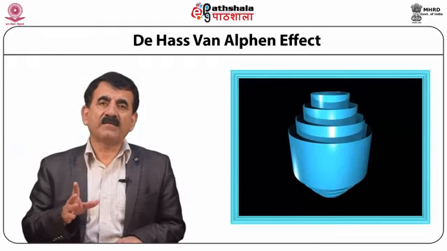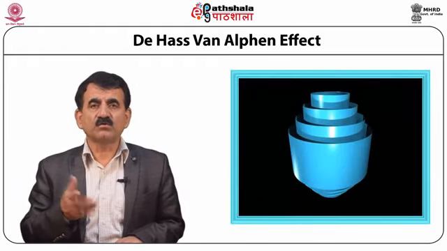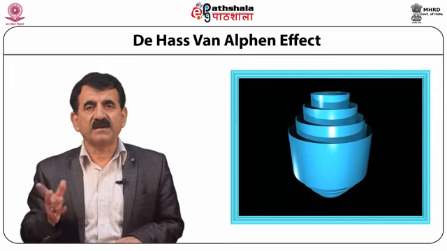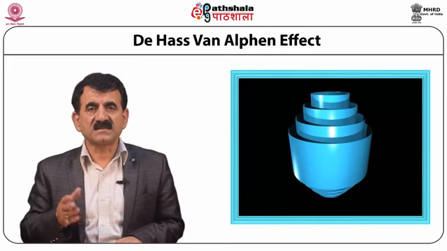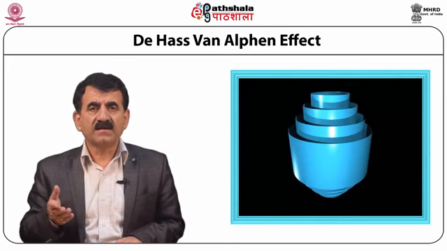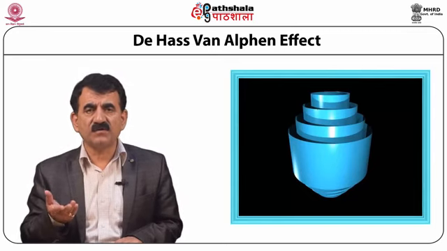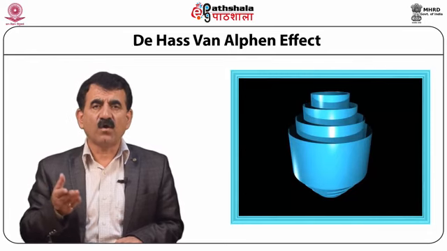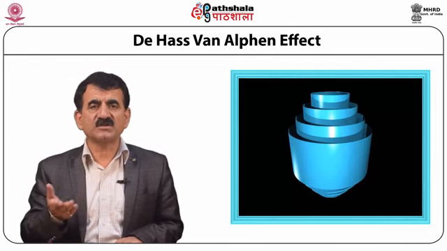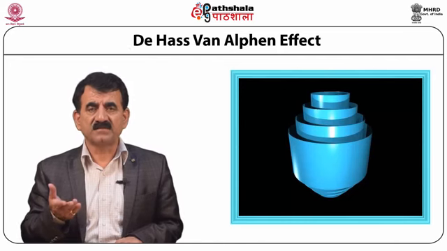So now when we go through this de Haas-van Alphen effect, it is shown in the figure that the set of all levels with the same n and arbitrary kz is collectively known as the nth Landau level. The degeneracy of Landau levels is independent of n and kz, and only depends on the cross-sectional area of the specimen.